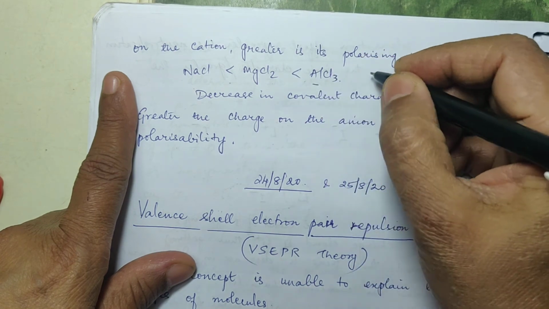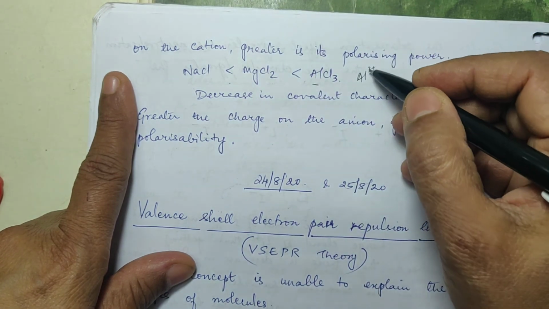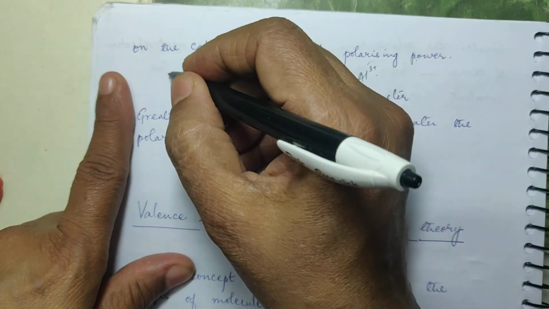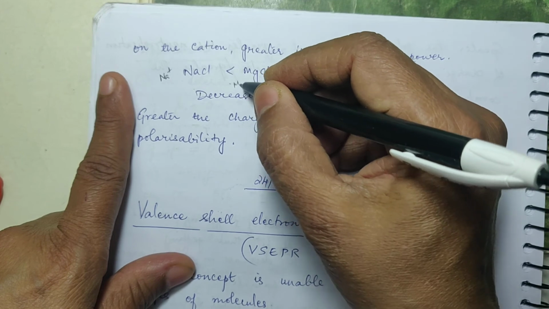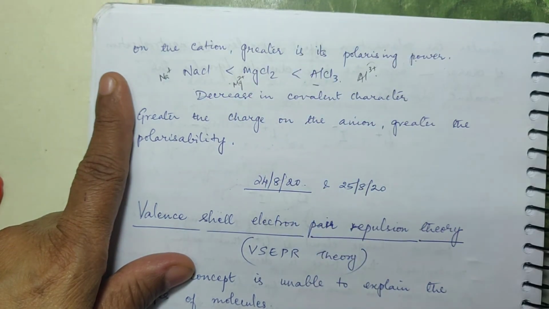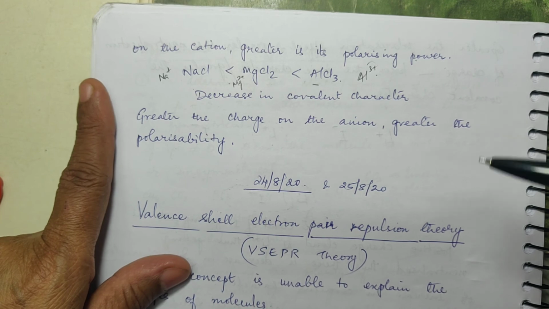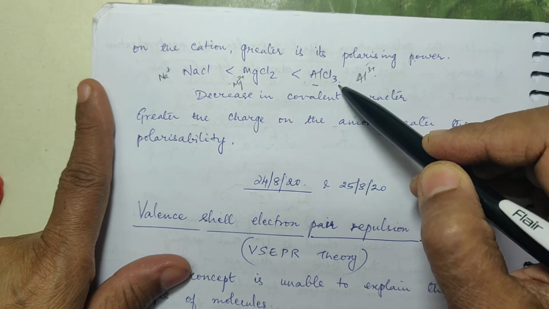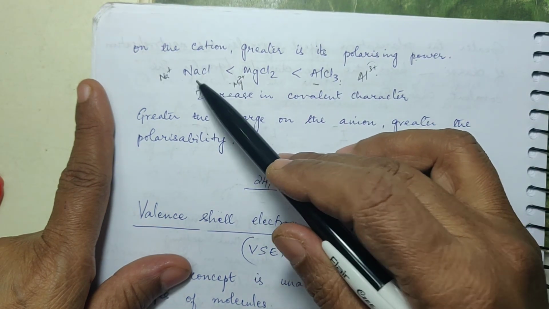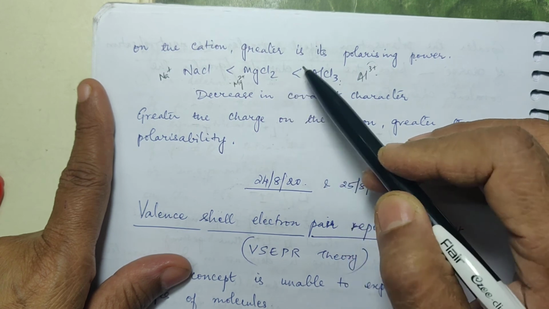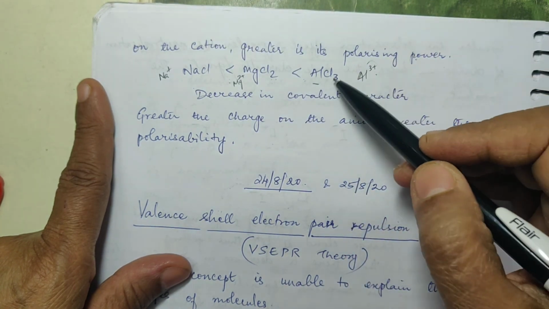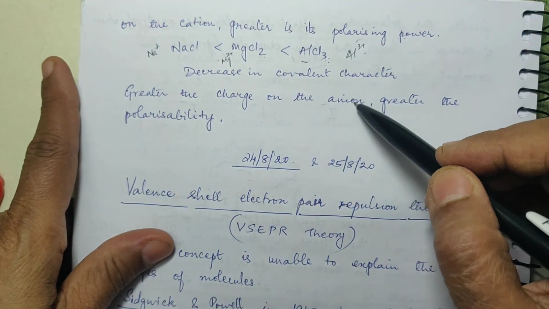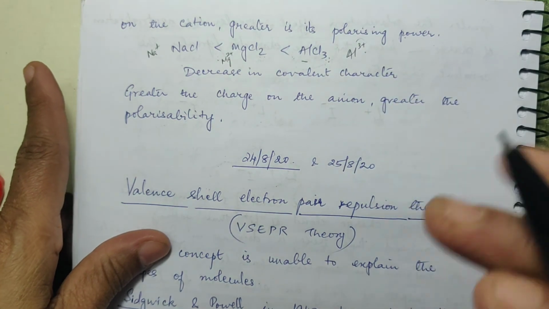So Al is Al3 plus, the charge is greater, whereas here it is Na plus and here it is Mg2 plus. The charge is maximum here. So AlCl3 is more covalent than NaCl. NaCl is less covalent than MgCl2. MgCl2 is less covalent than AlCl3. That means AlCl3 is the most covalent. Same way, greater the charge on the anion, greater the polarizability.